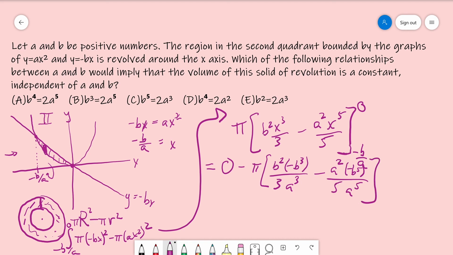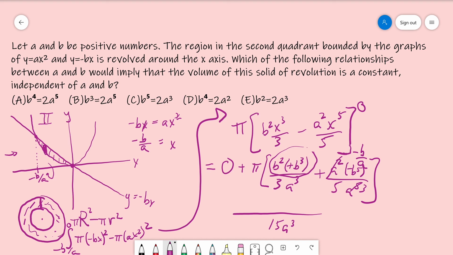Okay, so let's simplify this. Well, this a squared is going to cancel with a to the 5th, and we'll get a cubed. So we almost have a common denominator. Our common denominator is going to be 15a cubed, 3 times 5. And over here, let's just distribute this minus sign, so this will become a plus b cubed, and this will be a negative.